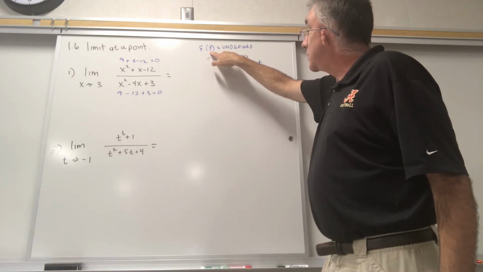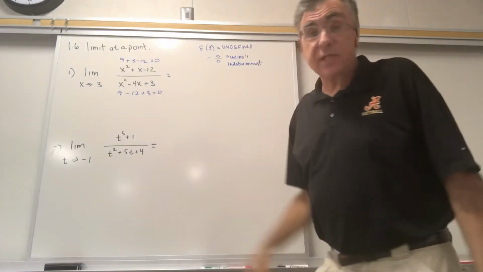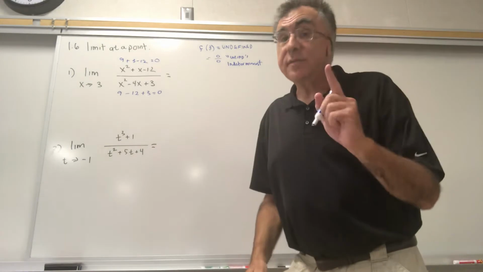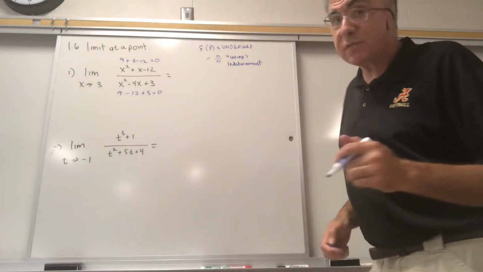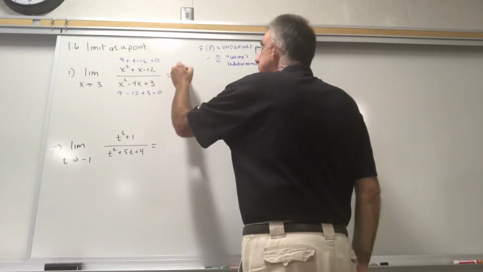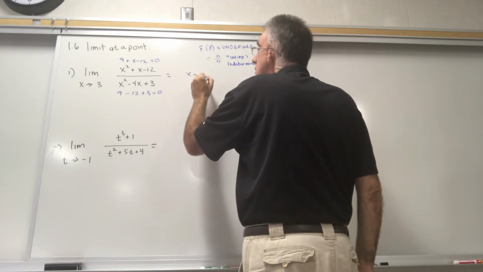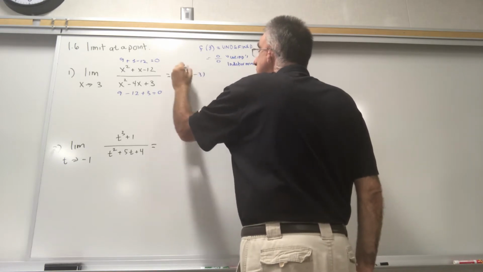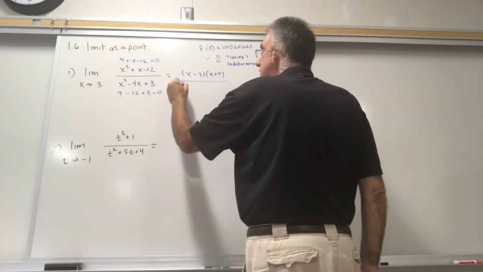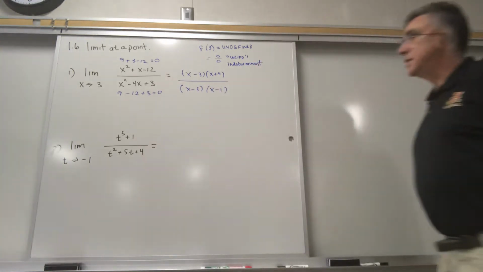What I want to do here is make it clear you can't put 3 in because you'd be getting 0. So in terms of algebra, does not exist. In terms of calculus, well, here was what Newton said. We could factor the top, x minus 3, x plus 4, and then factor the bottom, x minus 3, x minus 1.